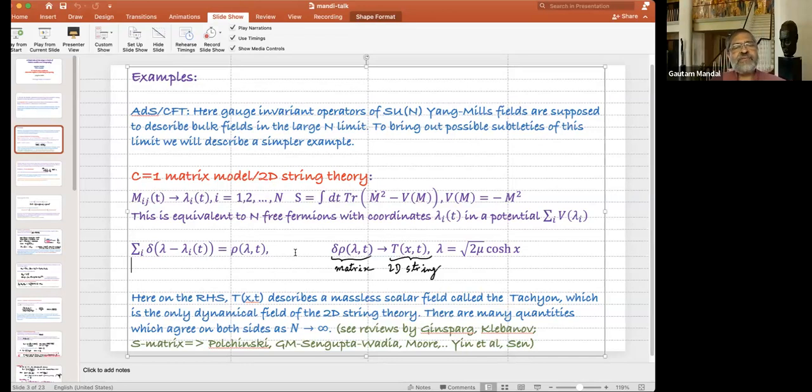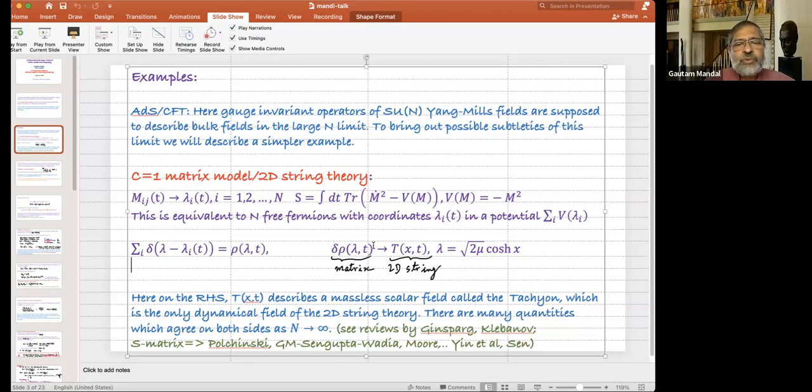This is called the collective field theory, or the density theory. This was discussed, directly from the matrix model to this density variable, by Das and Jevicki. And so you can write this theory in terms of the density variable. Now it turns out that the density variable has some background values.